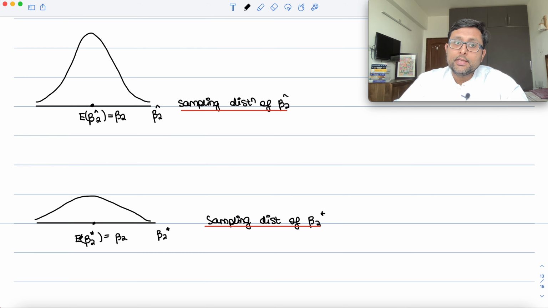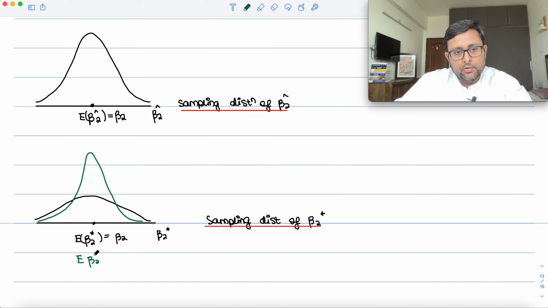But beta 2 hat is less diffused around its mean. So if I put beta 2 hat also on the same diagram, it will look somewhat like this.